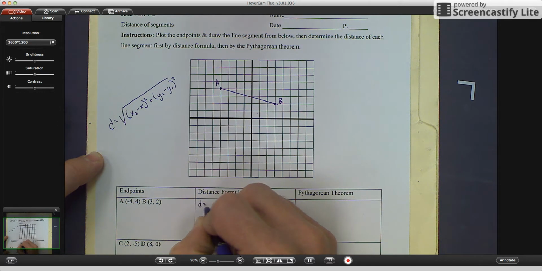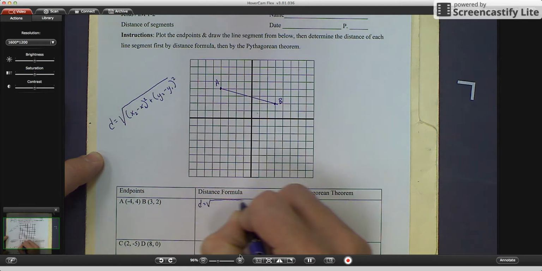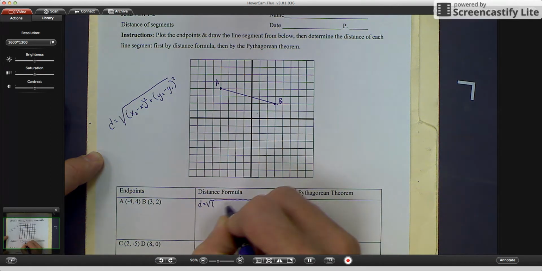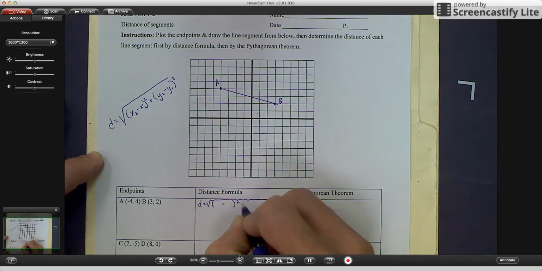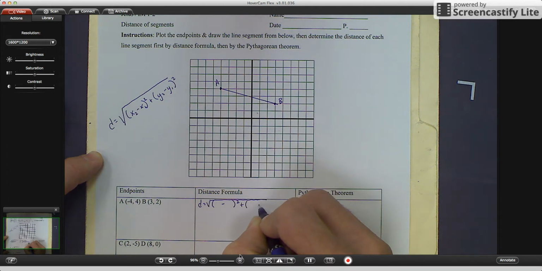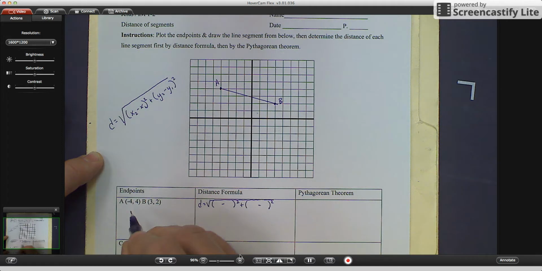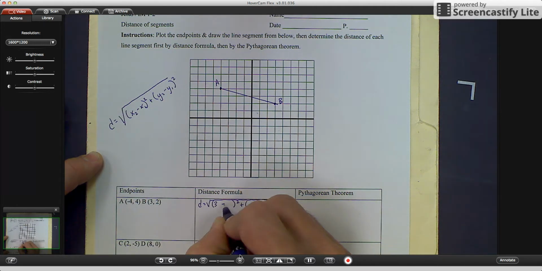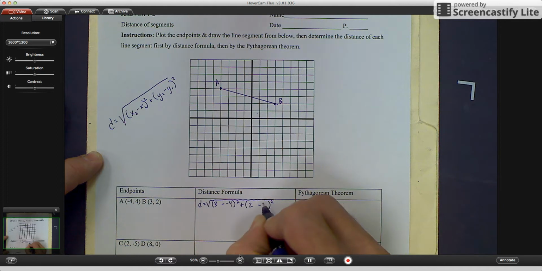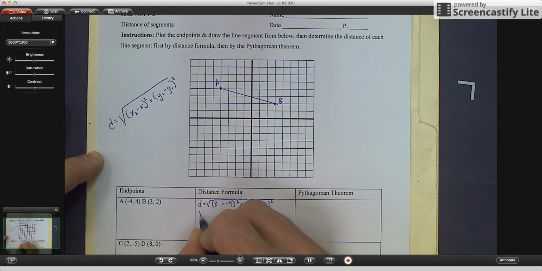So D is equal to, I'm going to put the formula, that minus that squared plus y minus y squared. So I'm going to go x minus x. So 3 minus a negative 4. And then 2 minus 4. And then my next line, I'm going to simplify this. 3 minus a negative 4.